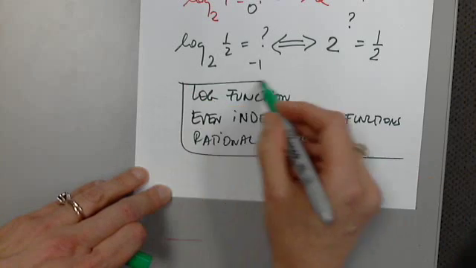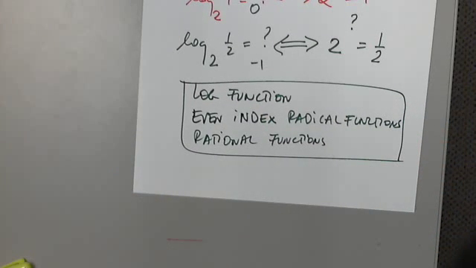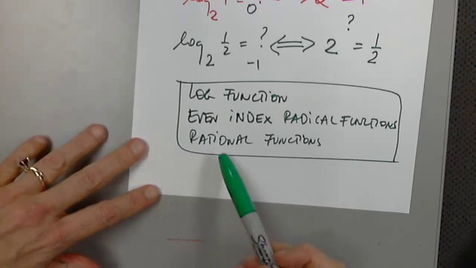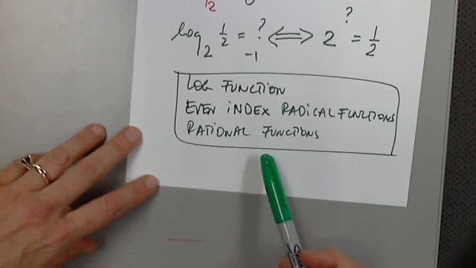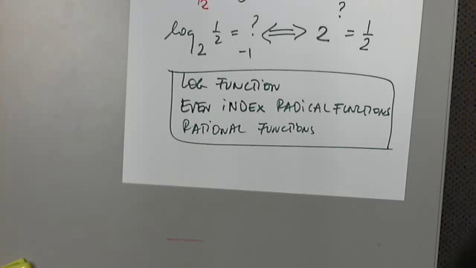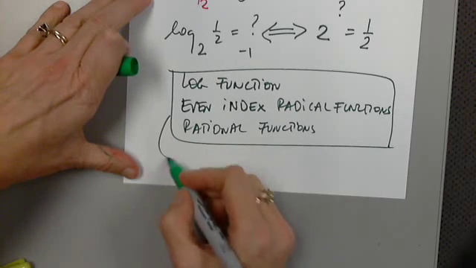What do they all have in common? Log is not friendly. Even index radical functions like the square root and the fourth root, not friendly. Rational functions, not friendly. Why? They have restrictions. Yes, the domain is not all real numbers.